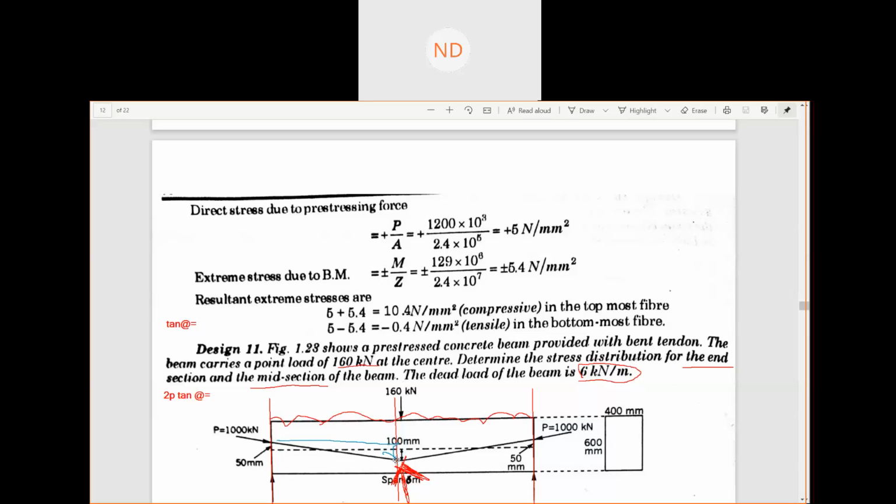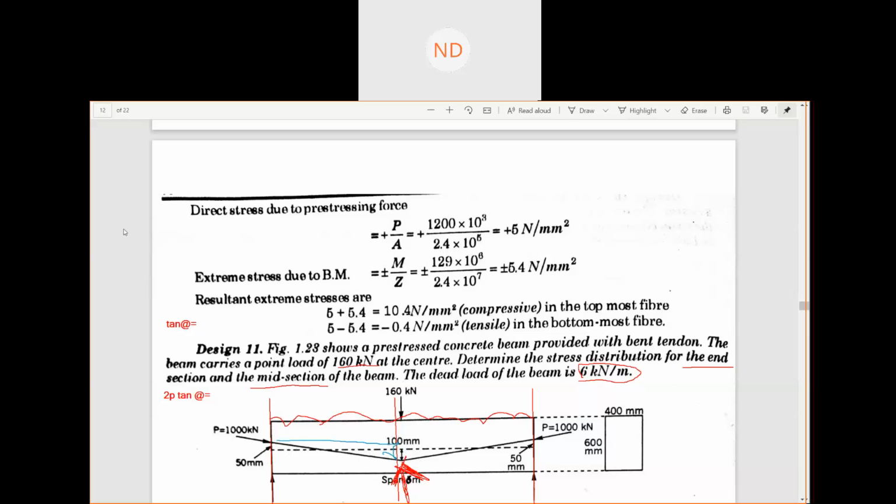That means tan theta is the perpendicular over the base. This perpendicular distance is how much? 150, because 100 plus this 50. So 150 divided by this base, which is how much? 3000 here, because this entire span was 6000, so this is 3000.